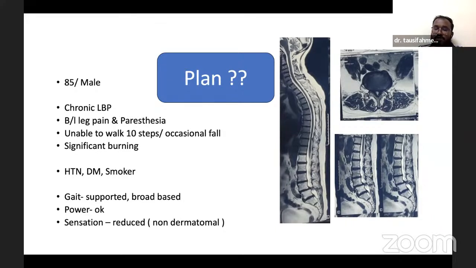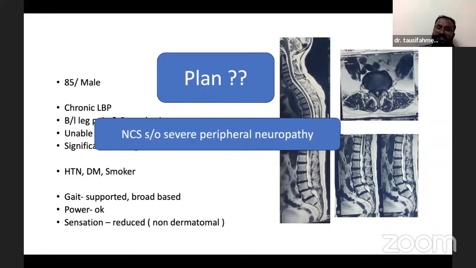So I would for sure get EMG NCV done and get a neurologist in the picture. Perfect. So we have done EMG NCV or nerve conduction studies, and there's a severe peripheral neuropathy. Now, Dr. Priyank, will it affect your decision making now? Not really.